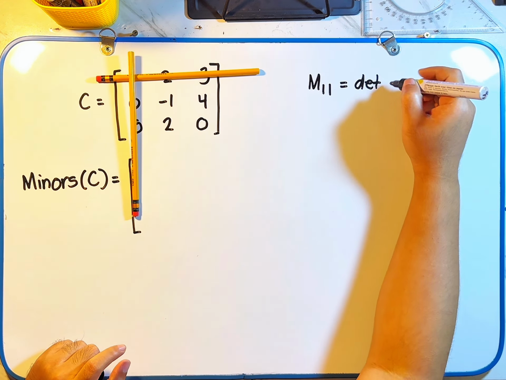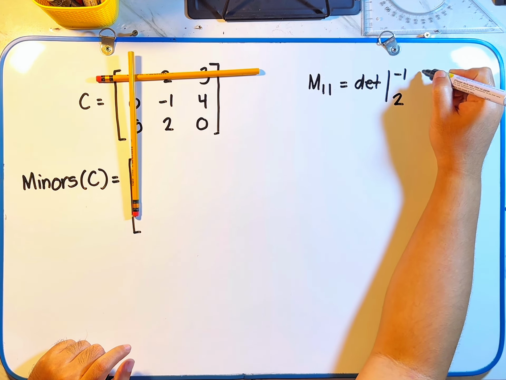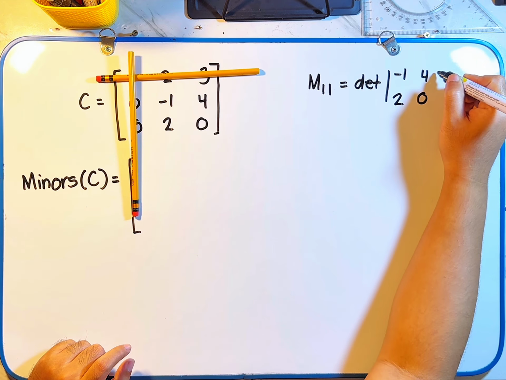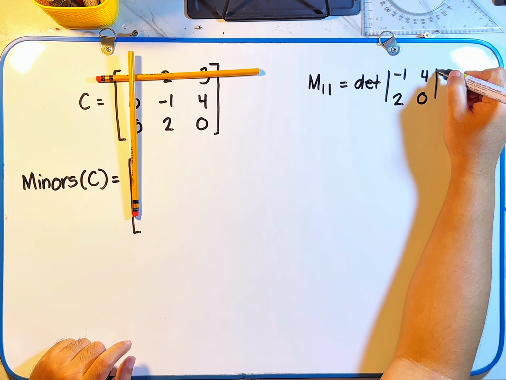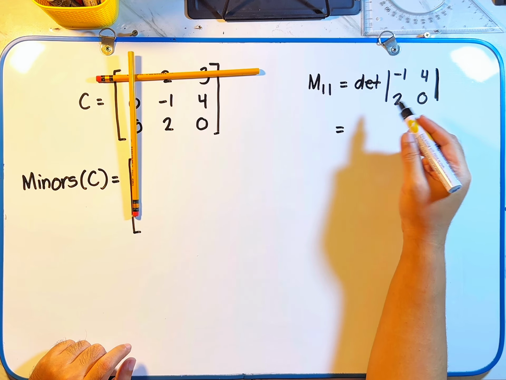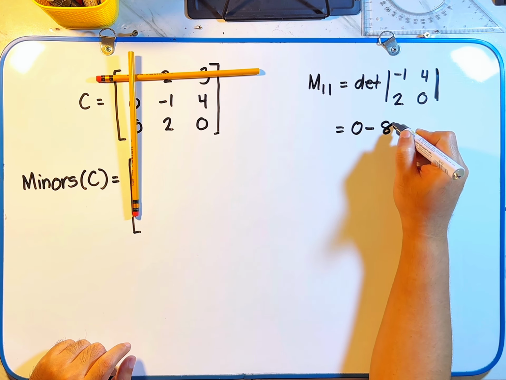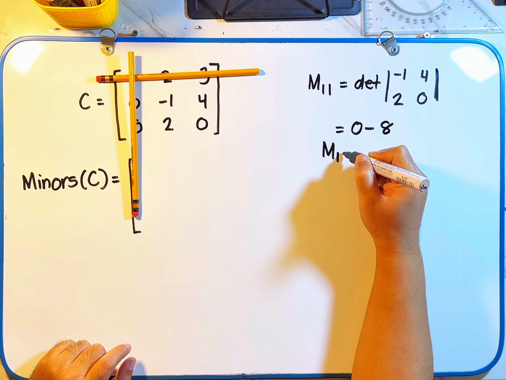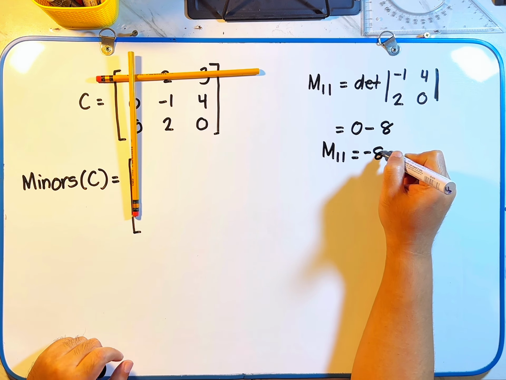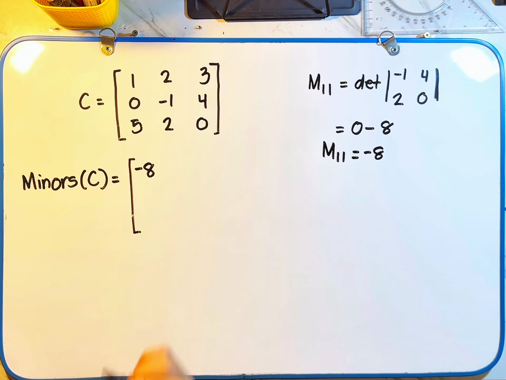So let's find the determinant of the 2 by 2 matrix. Negative 1, 2, 4, 0. What's the determinant? Negative 1 times 0, that's 0, minus 2 times 4 is 8. Therefore, M11 is equal to negative 8. Therefore, we will write negative 8 right here.